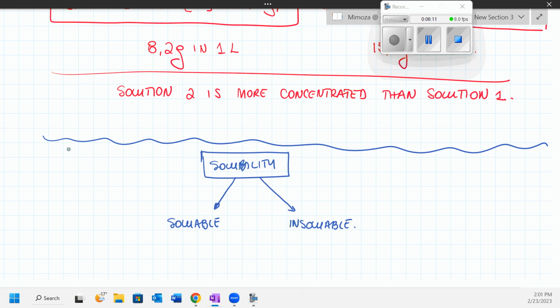Okay, so solubility depends on several factors. The main factor is temperature.